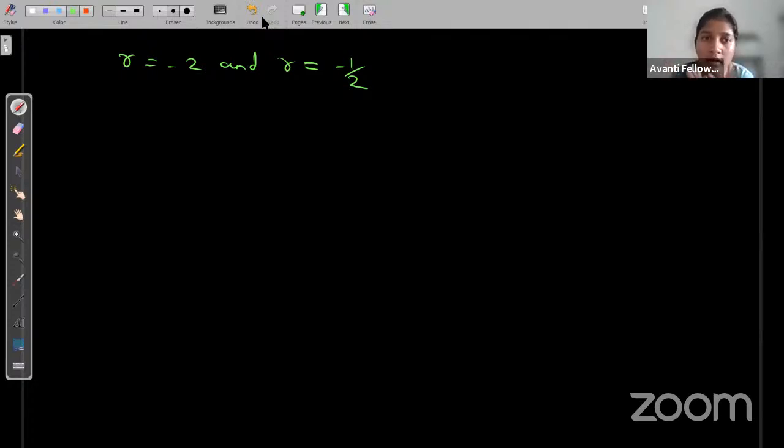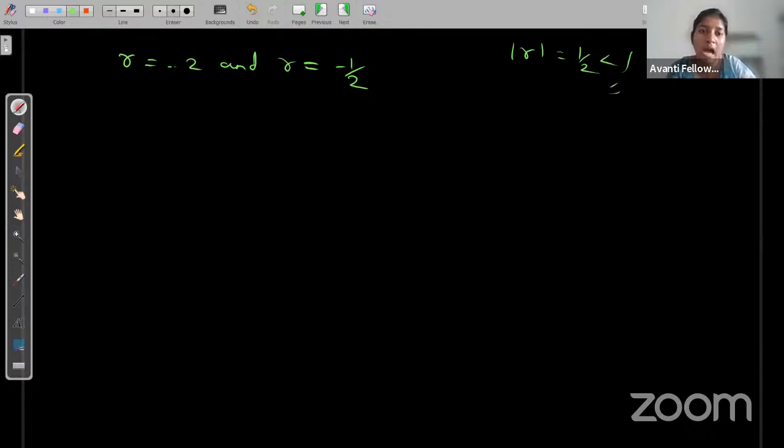Mod r should be less than 1, right? Even here, if I take mod r, it will be equal to 1 by 2. It is less than 1, isn't it?